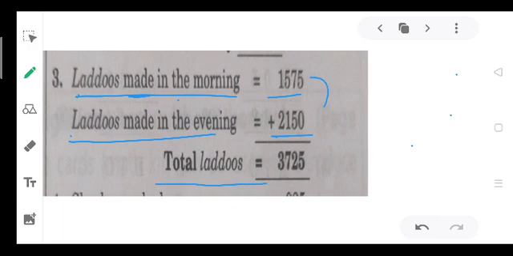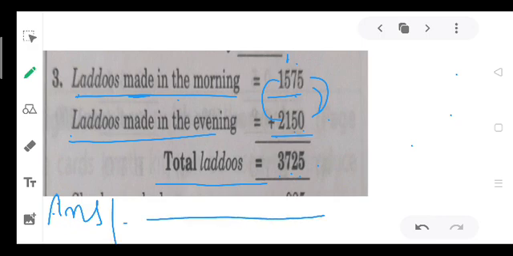We will start addition from the ones place. Ones place 5 plus 0 is 5, tens place 7 plus 5 is 12, 1 carry. Now hundreds place 5 plus 1 is 6 and 1 is 7, and thousands place 1 plus 2 is 3. So total number of laddus are, then you will write your answer also. Total number of laddus made in a day is equal to 3725.